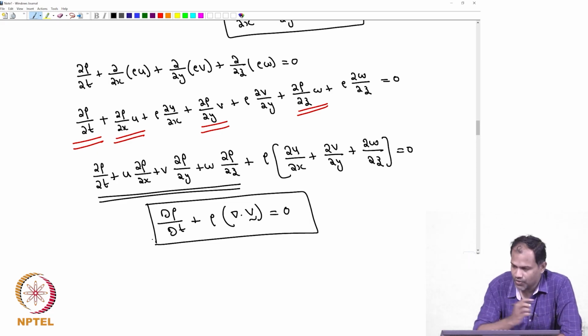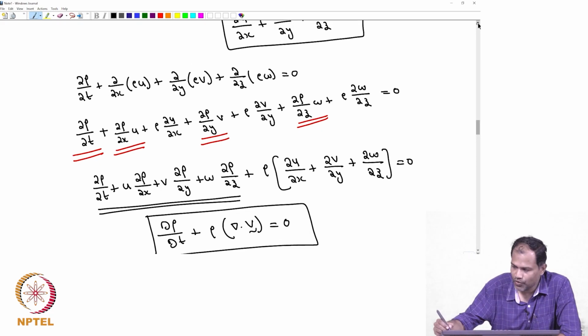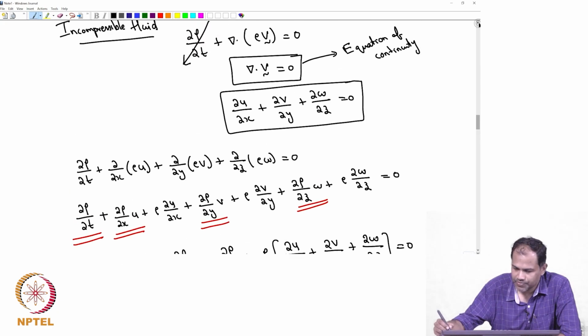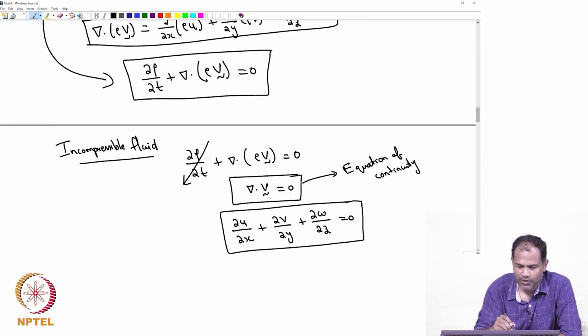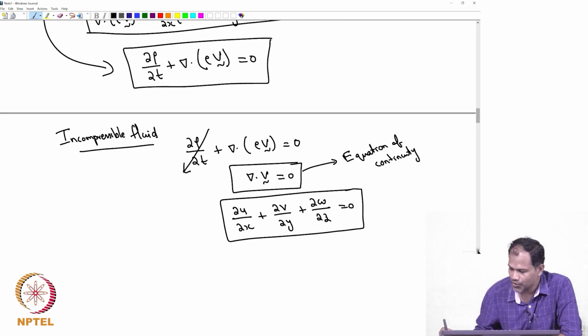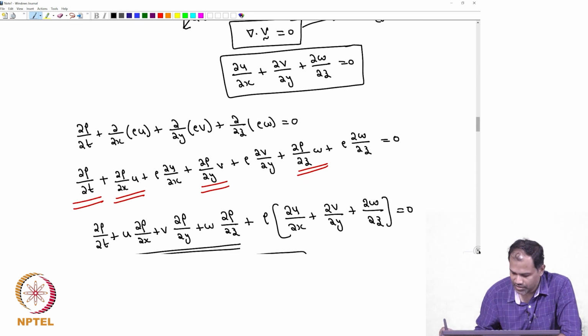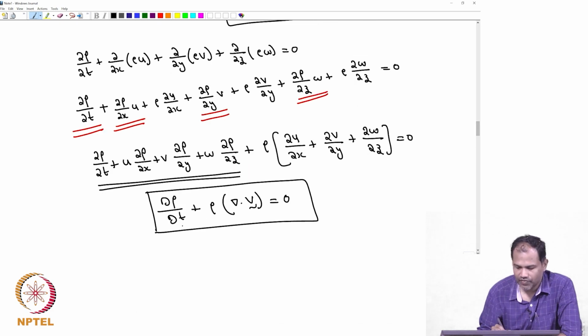So, we wrote the continuity equation in two forms. The first is del rho by del t plus divergence of rho v is equal to 0, or you could also write it as the substantial derivative of rho plus rho times del dot v is equal to 0.